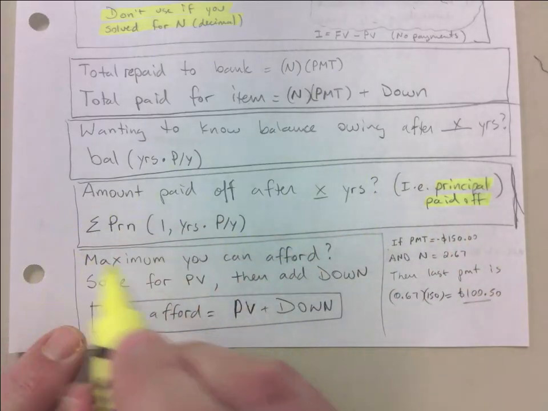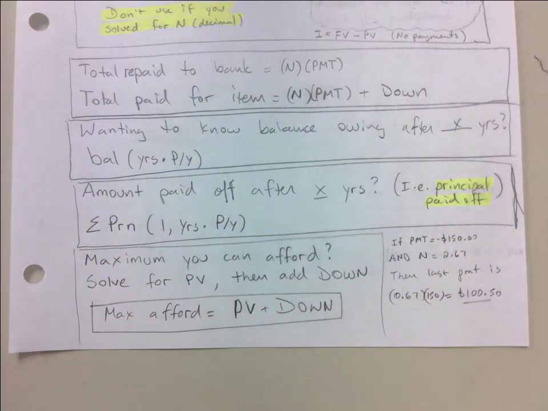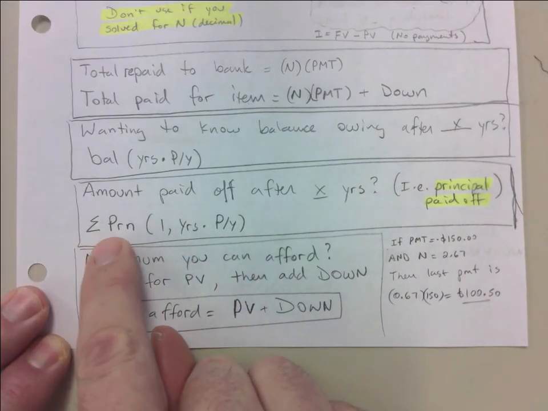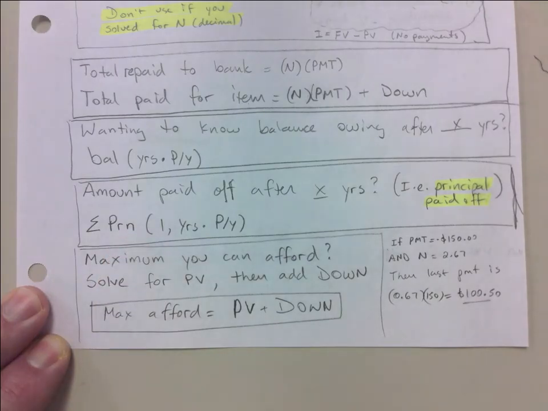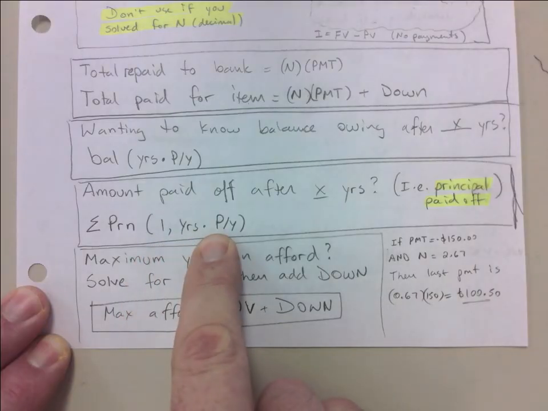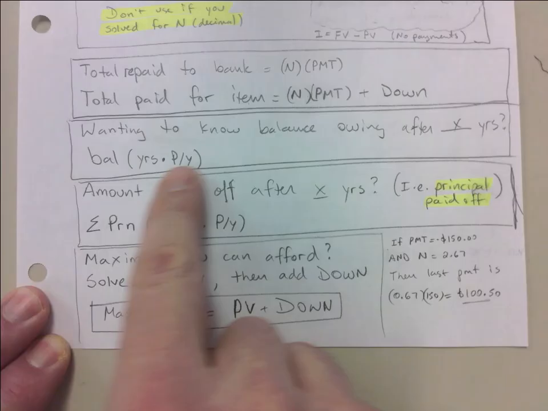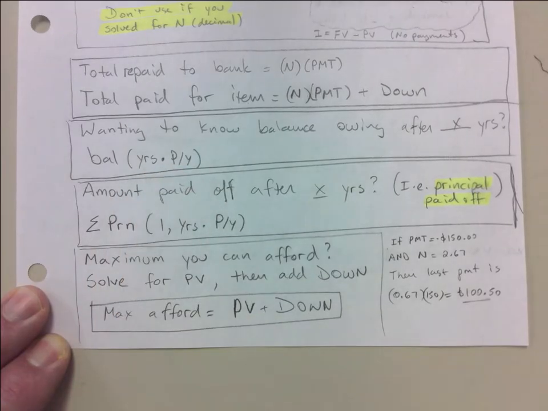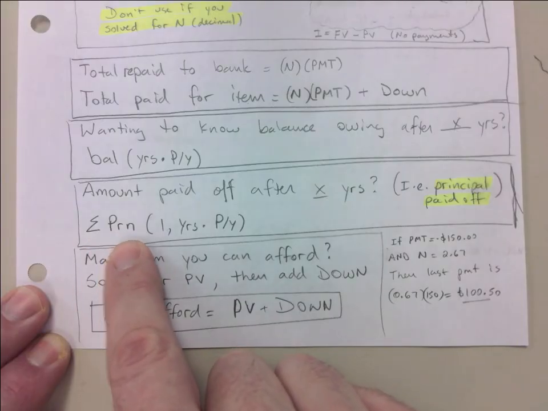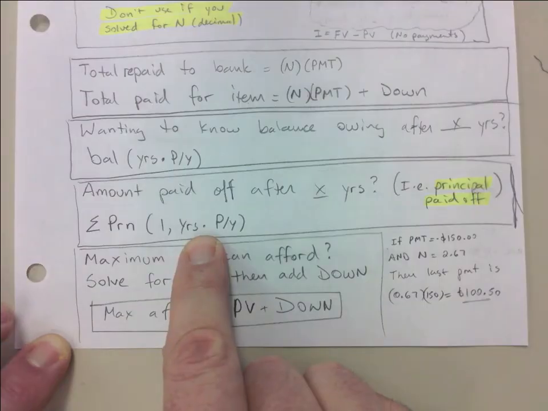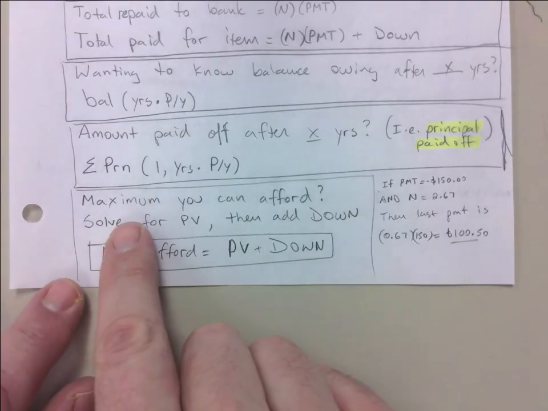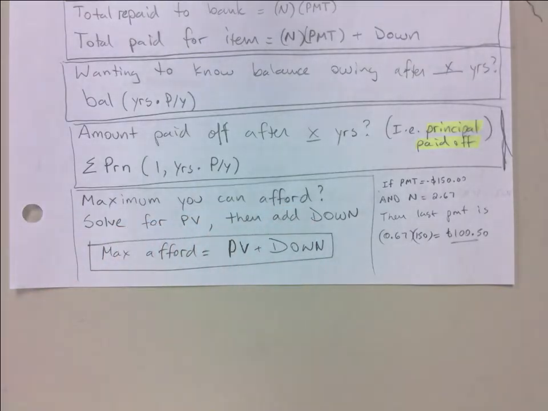So if you want to know how much you've actually paid off, you go principal, sum of PRN, which is also where balance and sum of interest are, and you have to give a start and an end. Balance doesn't need that; balance is just years times PY. But sum of interest and sum of principal need a 1 and then years times PY, okay? Next, the maximum you can possibly afford.